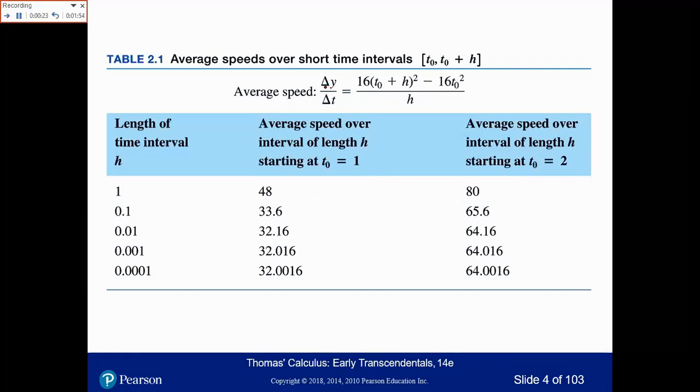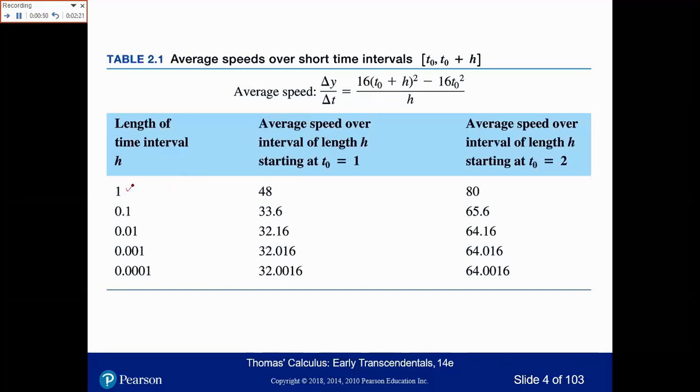That means the difference between y where we stopped and y where we began. And this is divided by delta t, the difference between the time when we started and the time when we ended, right? So let's take, for example, h equals 1.